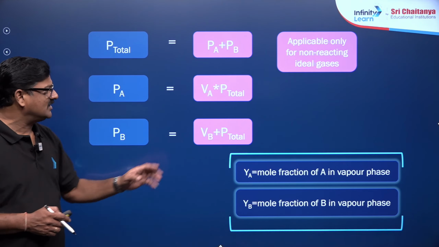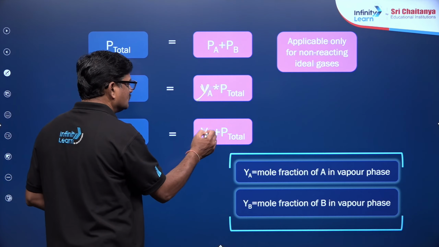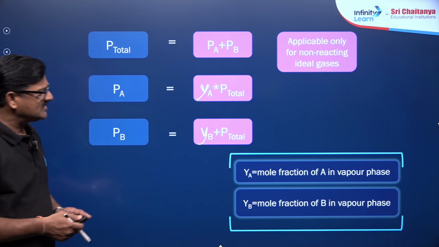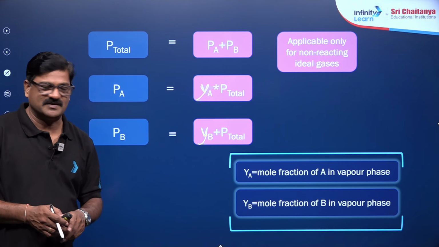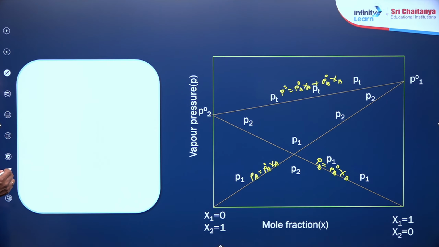So YA is the mole fraction of A in the vapor phase. You have the liquid phase here, you can see.